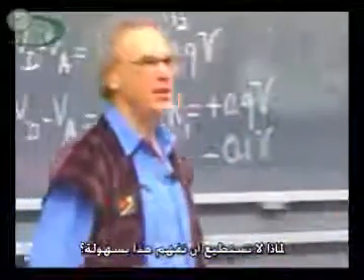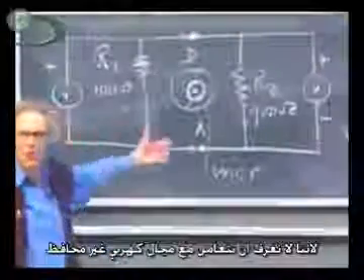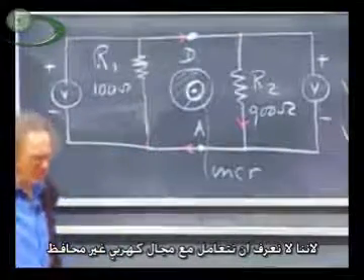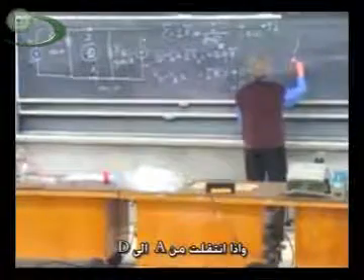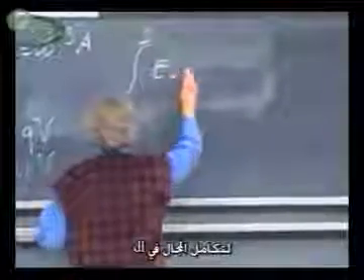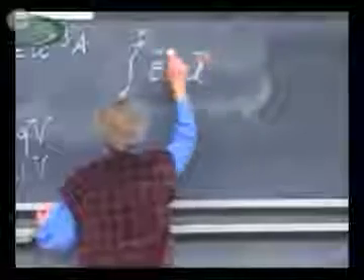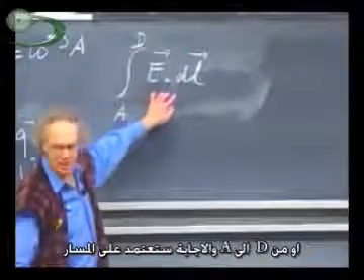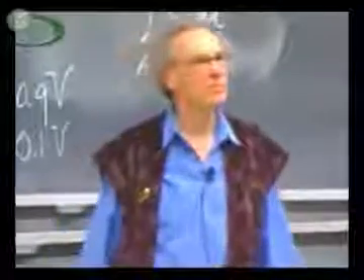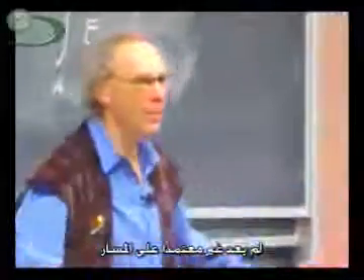Why we can't digest this so easily is we don't know how to handle non-conservative fields. If you have a non-conservative field, then if you go from A to D of E dot dl, or from D to A for that matter, it doesn't matter, the answer depends on the path. It's no longer independent of the path.